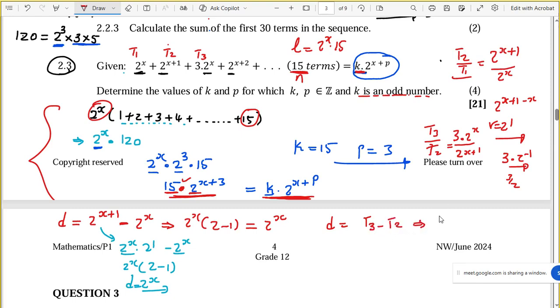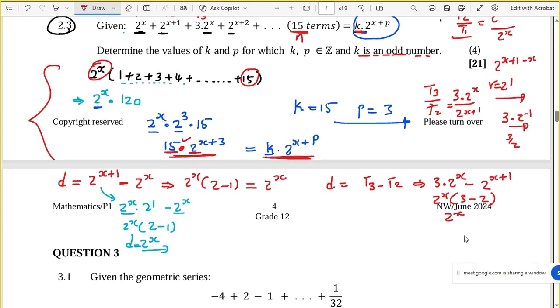So T3 is 3 times 2^x. I need to subtract 2^(x+1), which is T2. Taking 2^x out as a common factor, I'm left with 3 minus 2, which is just 2^x. So now we confirm that this is arithmetic.